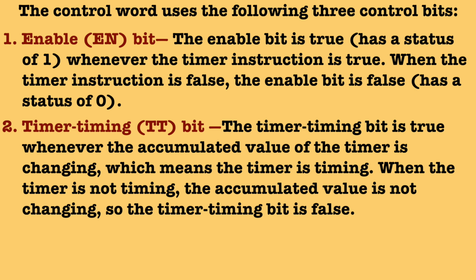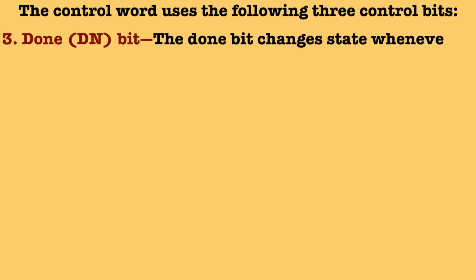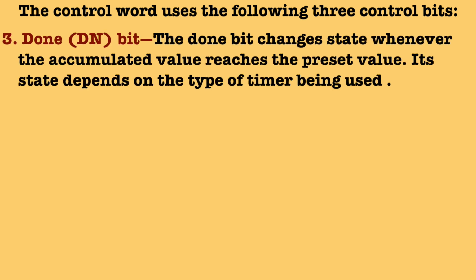When the timer is not timing, the accumulated value is not changing, so the timer timing bit is false. Next one is done bit. The done bit changes state whenever the accumulated value reaches the preset value. Its state depends upon the type of timer being used.